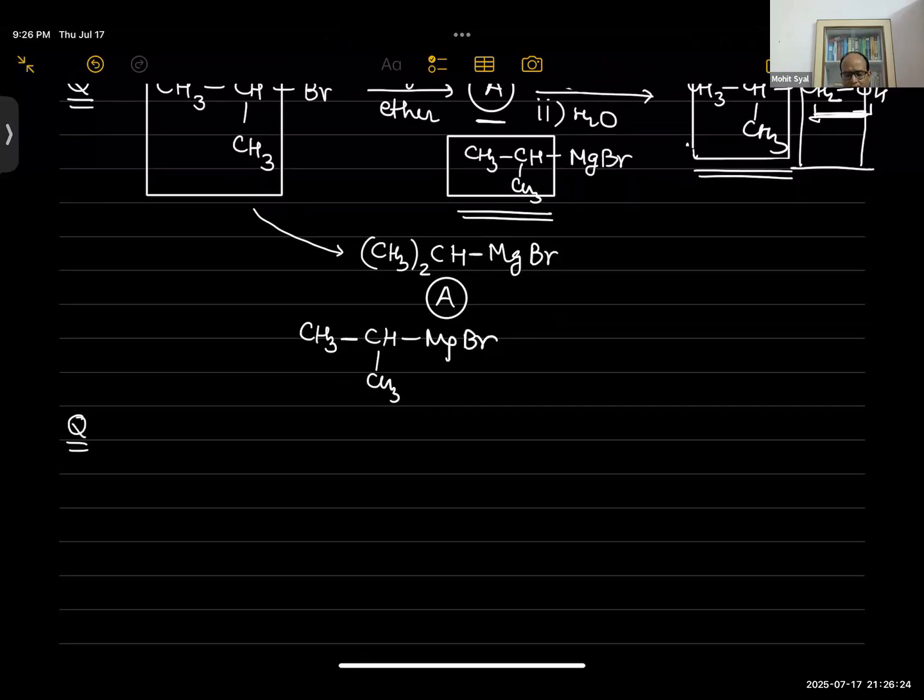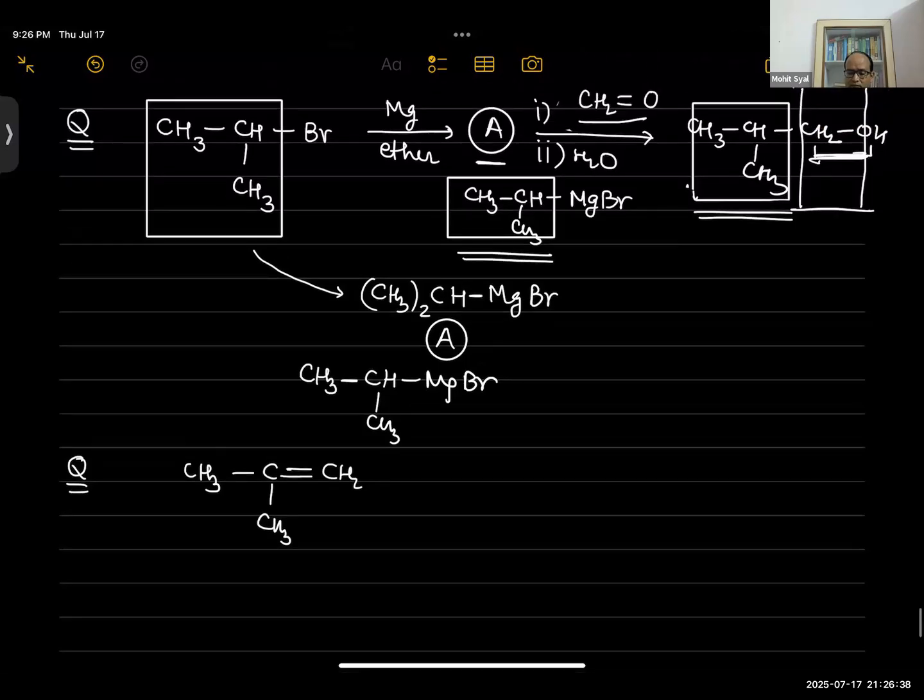Okay, so let me do one more problem. You just need to tell the direct reagent.